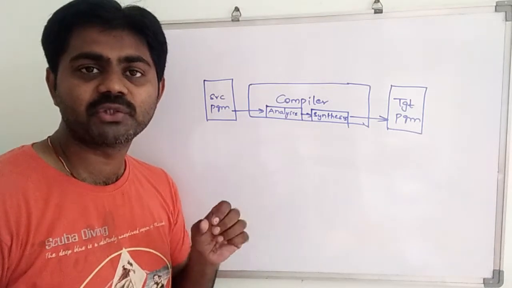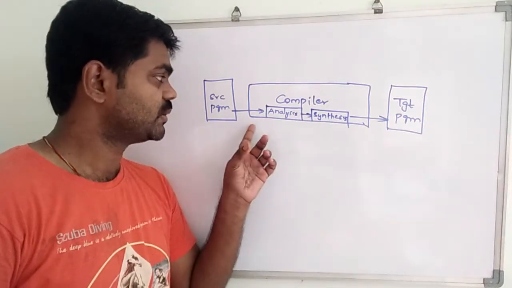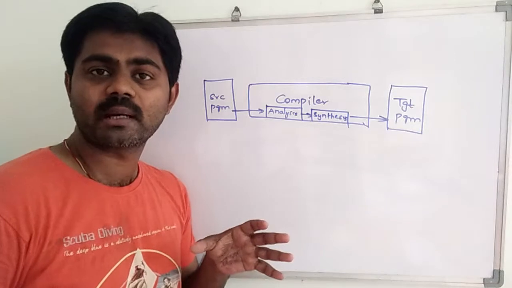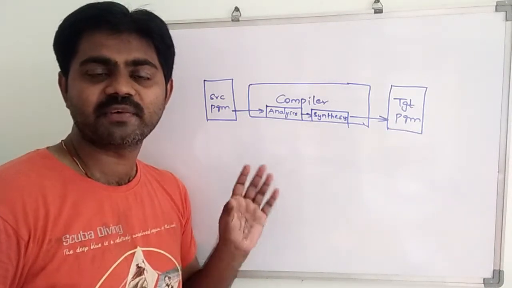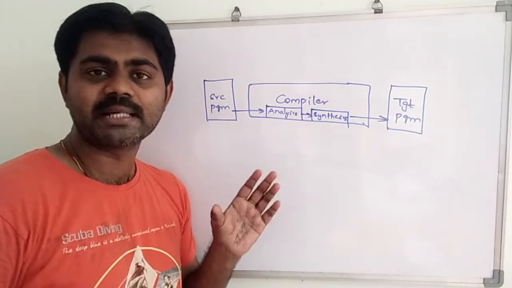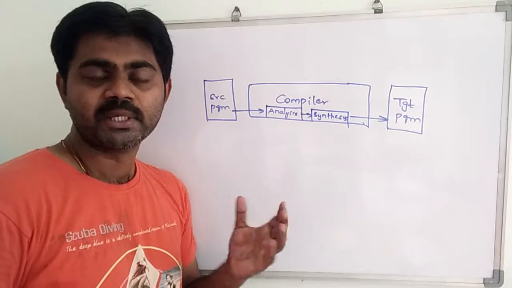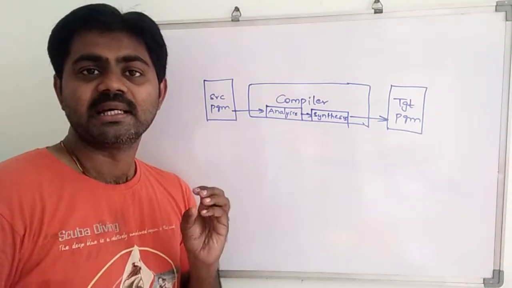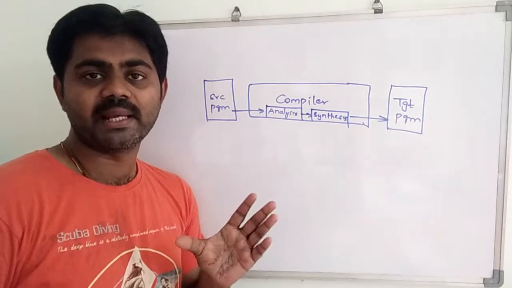The analysis phase takes a source program and breaks it down into consecutive pieces. For example, any input is divided into consecutive pieces which we call tokens. The analysis part covers three phases: lexical analysis, syntax analysis, and semantic analysis.